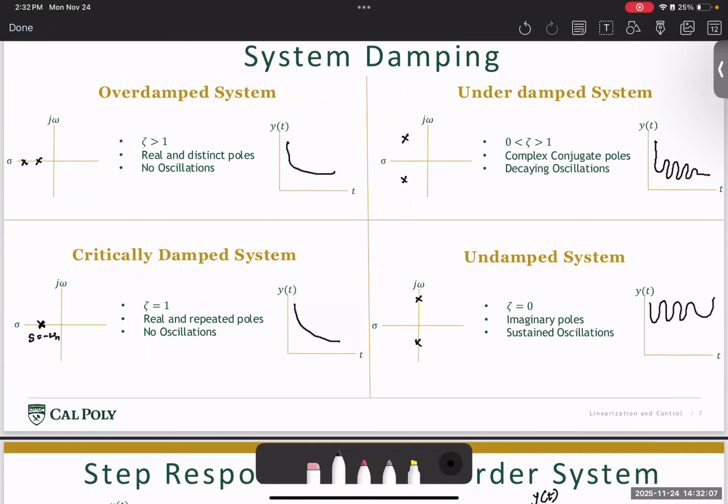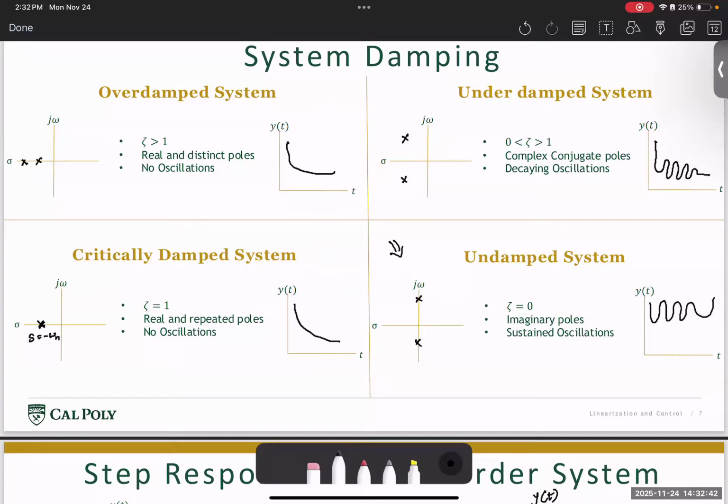So going back to this system, we say that if the system has poles in the right half of the j omega axis, then the system is unstable, or it will never settle to the final state. If the system has poles on the imaginary axis, which is the case of zeta equal to 0, then the system tends to oscillate around a certain state and never reach the final target.